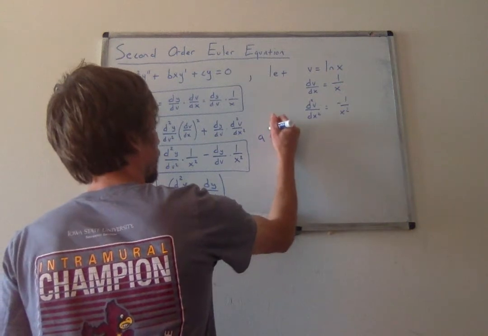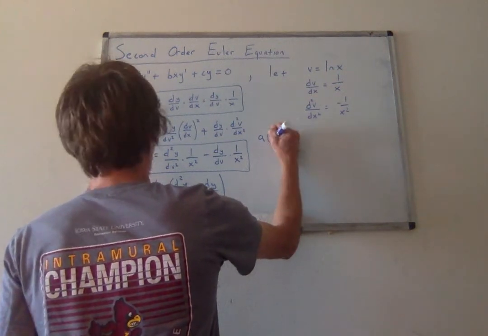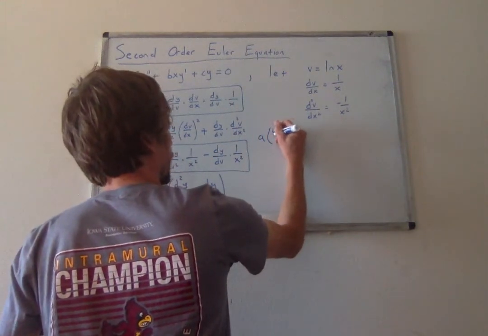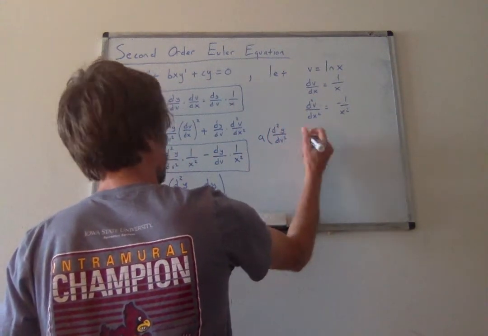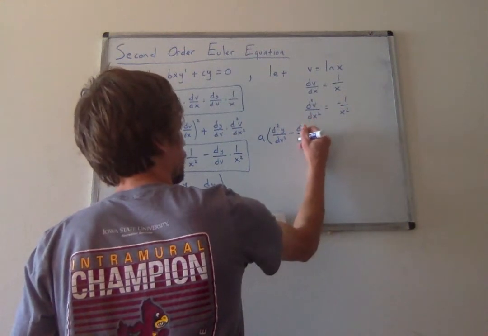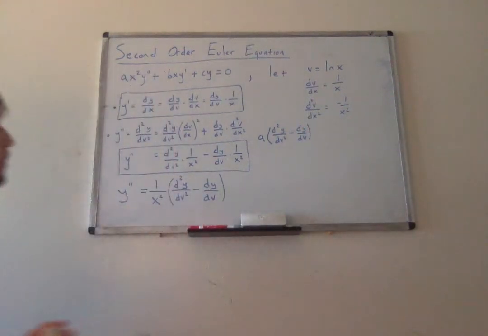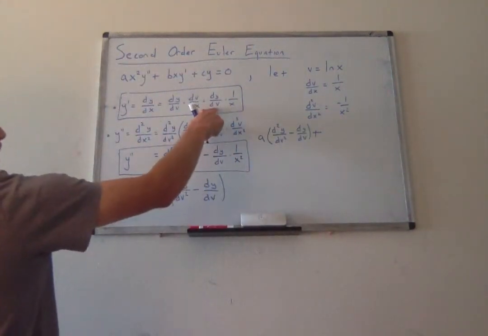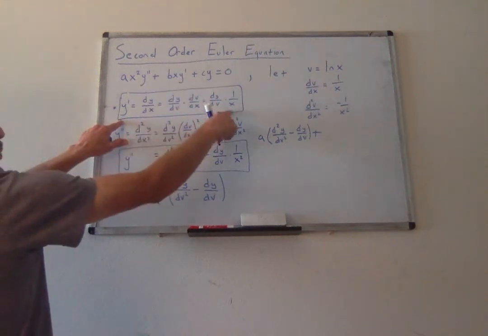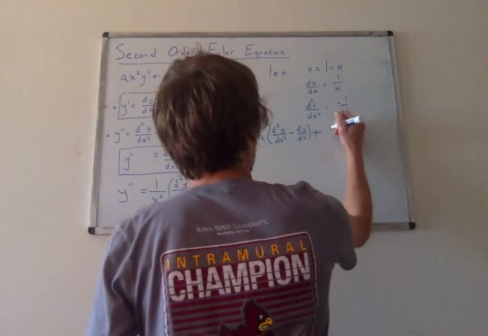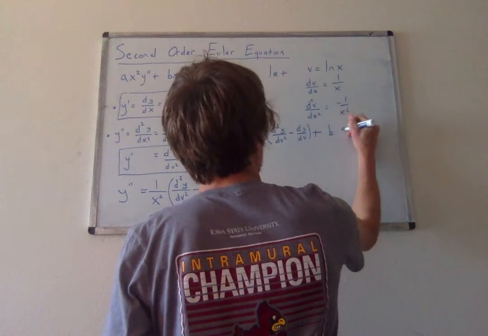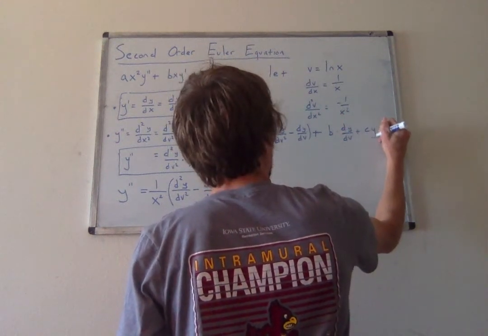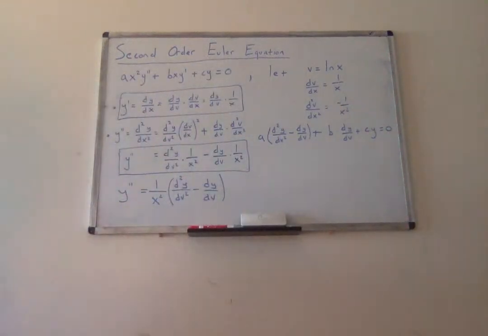And so I get a times the second derivative of y with respect to v minus dy dv, plus, now notice here, when I plug in y prime, the 1 over x and x cancel. That would be plus b times dy dv plus c times y is equal to 0.